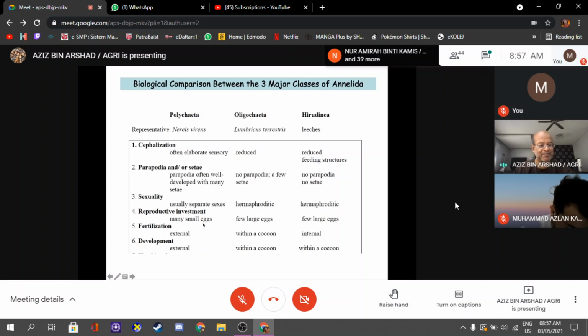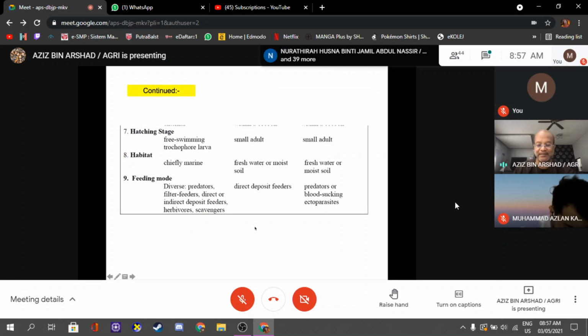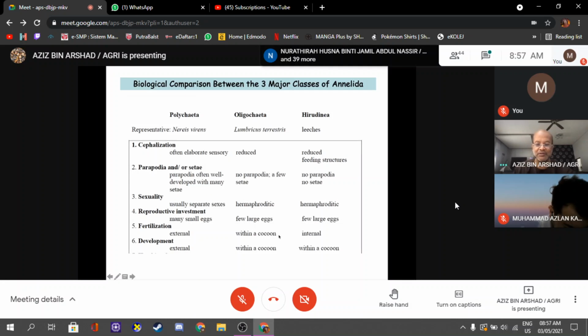Reproductive investment: they produce many small eggs, few large eggs in the cocoon, and few large eggs as well for the Hirudinea. Fertilization: they release the gametes to the outside, to the seawater, external, and Oligochaeta is through the cocoon, and Hirudinea is the transfer of sperm inside the body.